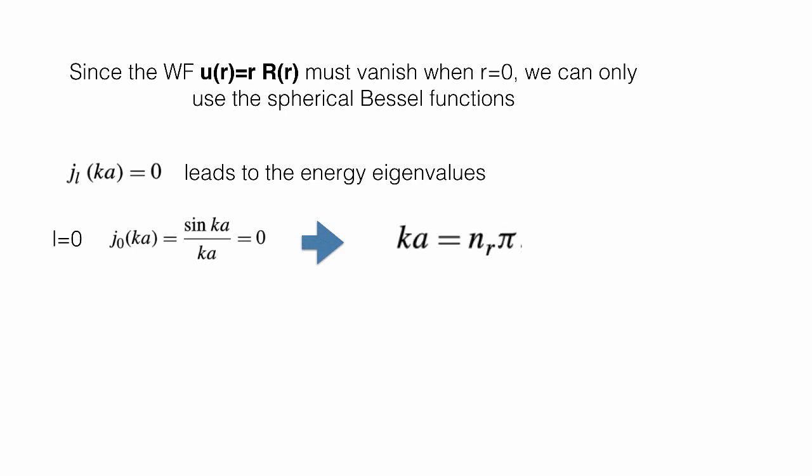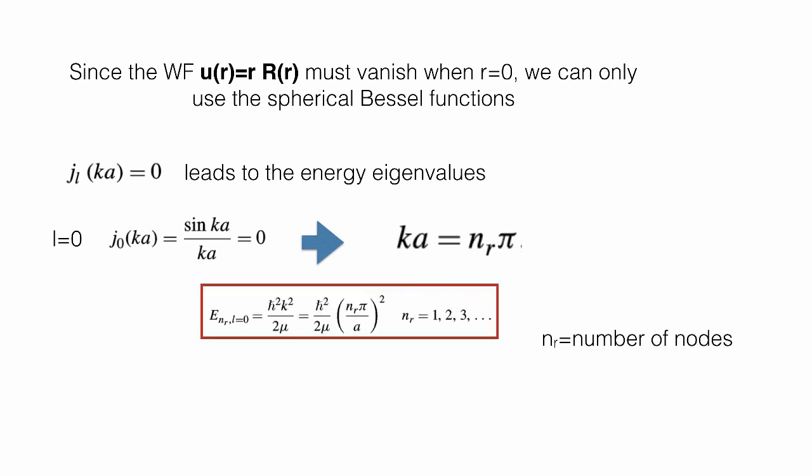Of course, for the infinite well, we can do this analytically. The energy will be obtained as h bar squared k squared over 2 mu, which looks exactly like a free particle energy, which it is inside the well, right? But the difference is that only some values of k are available.